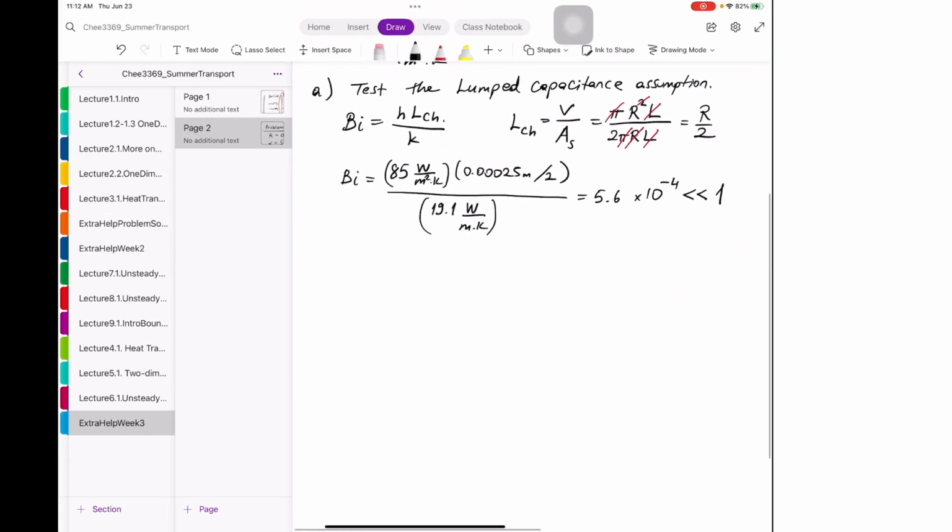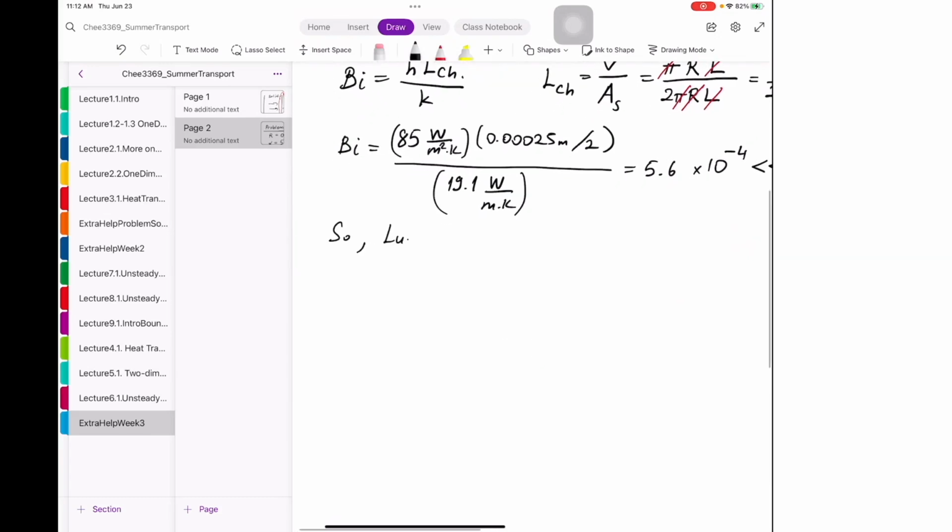Thus, what do we say? The lumped capacitance model is valid. It holds. So I can assume it to be correct, and I can assume that the temperature is almost uniform at all times within the thermocouple.